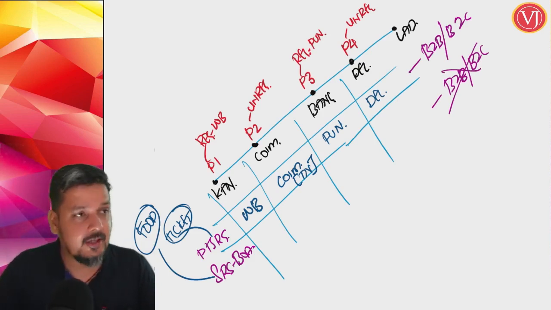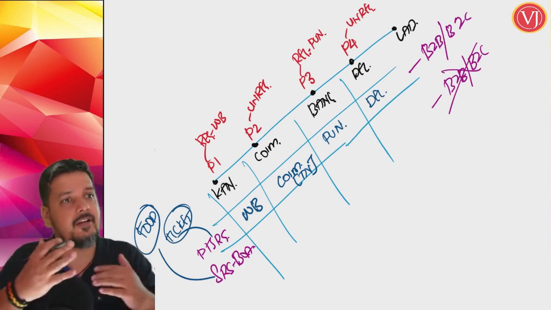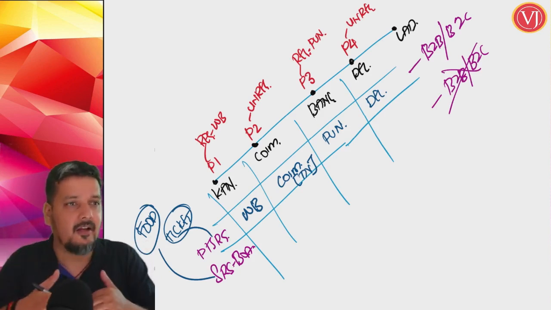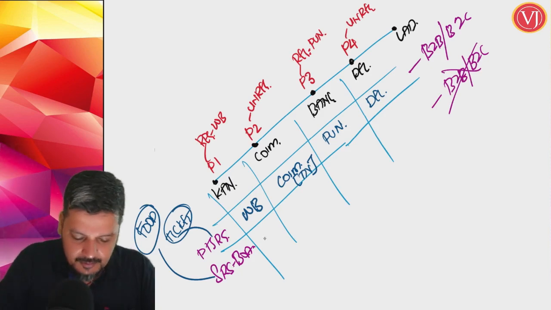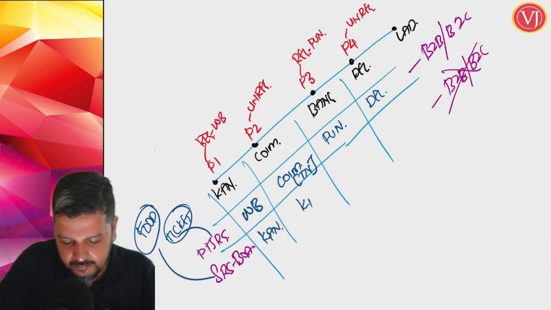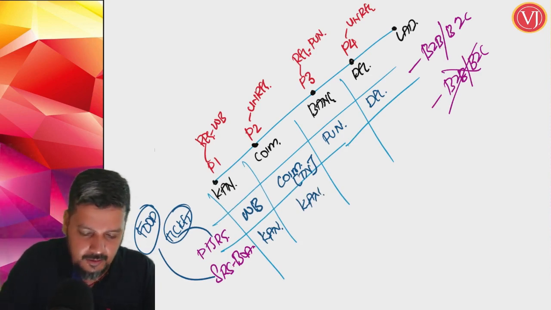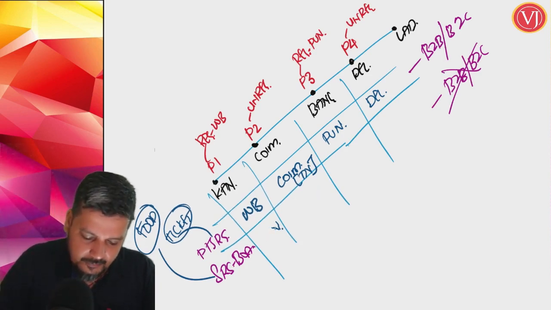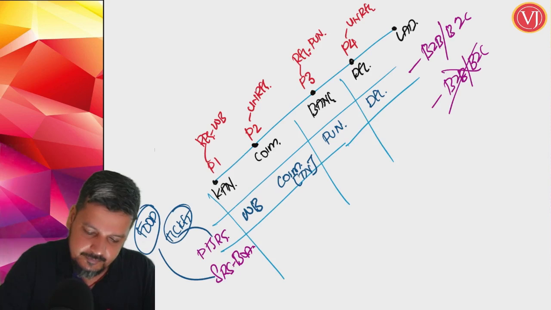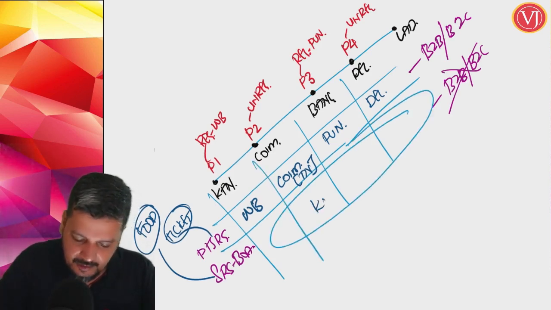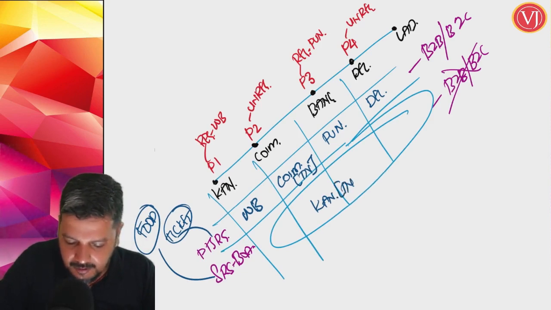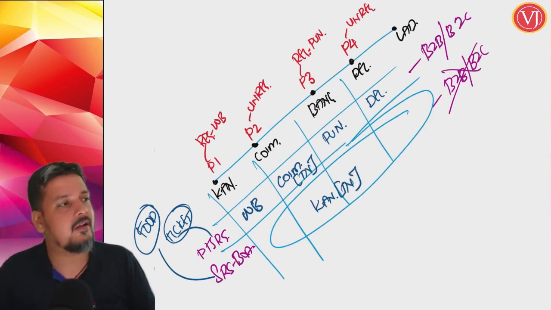Every train will have a starting point. Every flight will have a starting point. Every bus will have a starting point. So the answer is Kanyakumari, that is Tamil Nadu, for all the 4 cases.